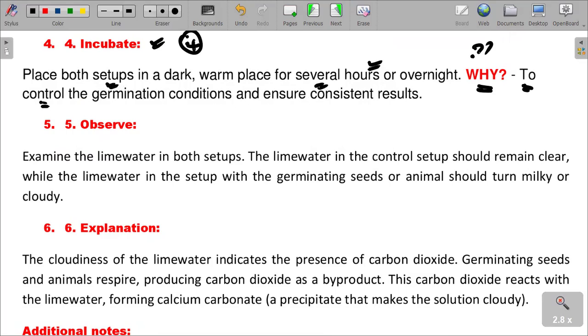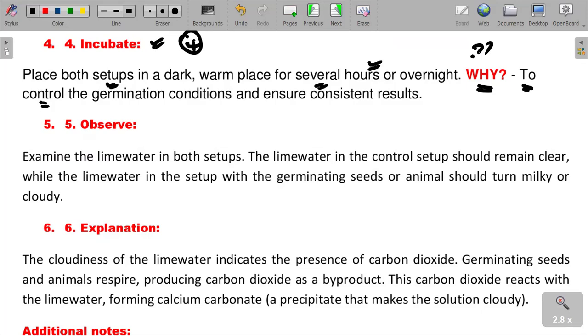We are to understand that there must be an incubation, done by placing both setups in a dark, warm place for several hours in order to control the germination conditions and ensure consistency of results.